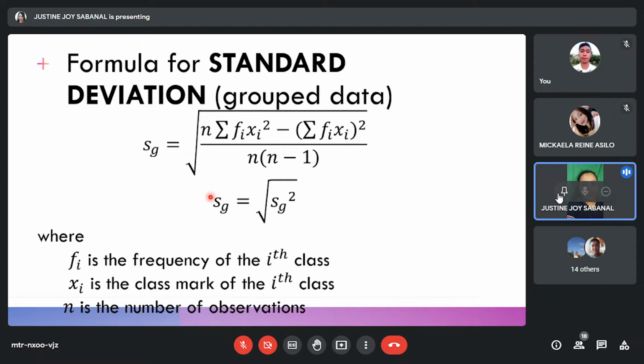Or just the square root of the variance. Yung first formula, gagamitin nyo lang if wala tayong known information for the variance and the focus is only the standard deviation. But kung may variance na kayo, kailangan nyo na lang kunin yung square root ng value na yun para makuha nyo yung standard deviation.